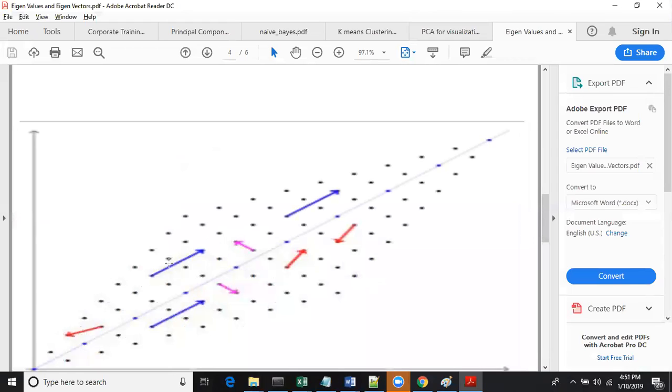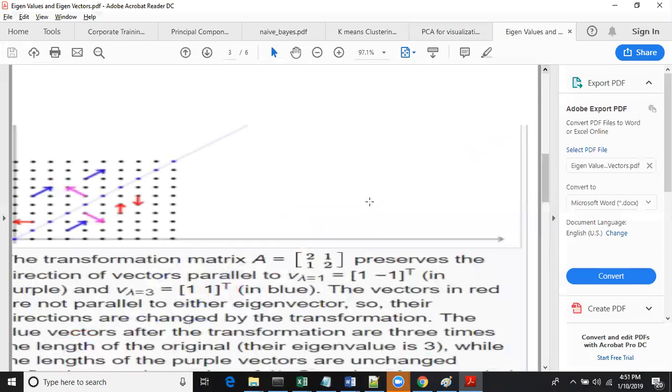This purple and blue are not changing the direction, but the reds are changing the direction. The vectors in red are not parallel to either eigenvector. So these are the directions of the eigenvectors: in this direction and this direction, the direction of the plane and the perpendicular direction.